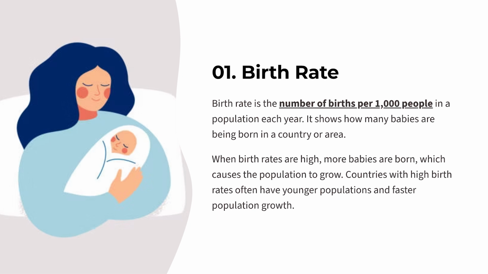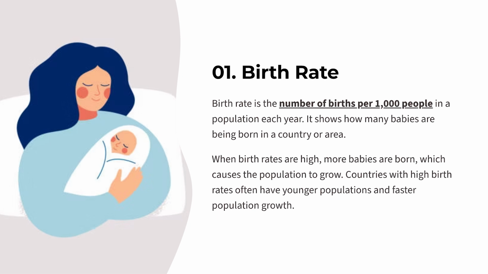The birth rate is the number of babies born per 1,000 people in a population every year. It tells us how many new people are being added to the population through births. When the birth rate is high, more babies are born, and that causes the population to grow faster. Countries with high birth rates often have younger populations and rapid population growth.